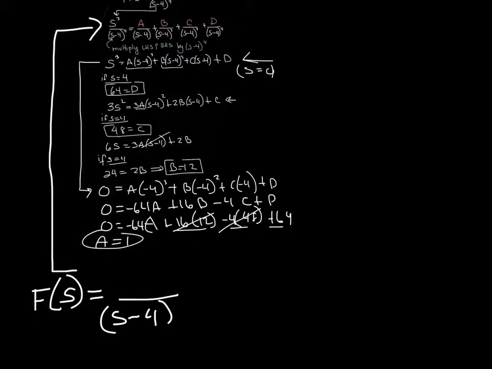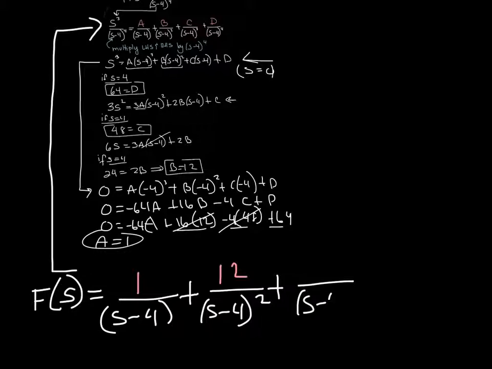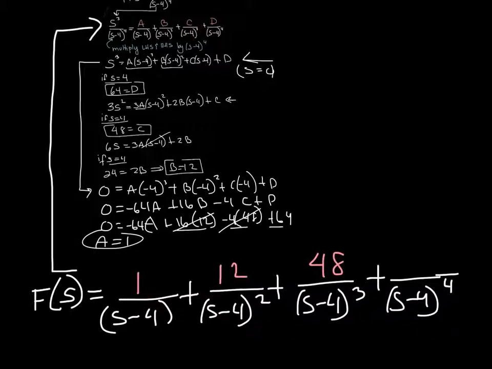My a is 1. Plus s minus 4 squared, and my b is 12, plus s minus 4 cubed, and my c is 48, plus s minus 4 to the 4th, and my D is 64.